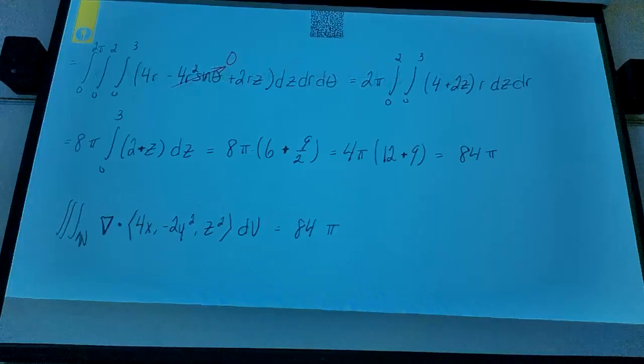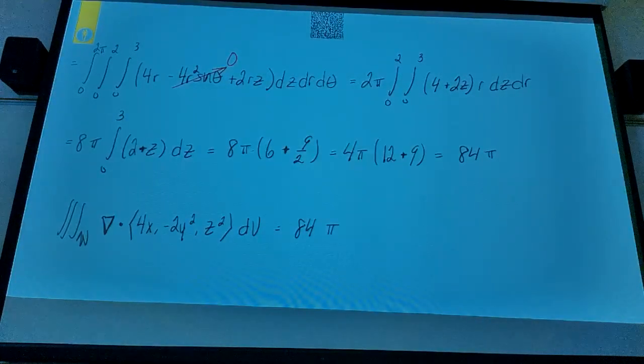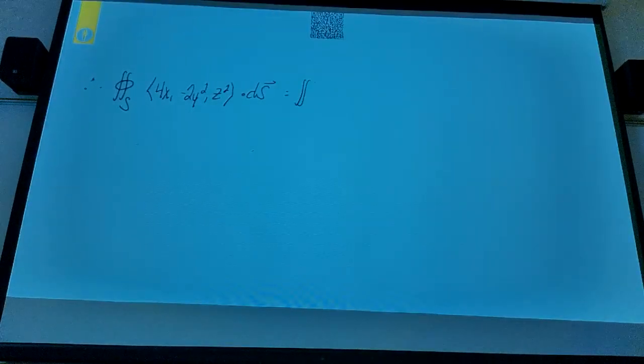Divergence theorem has now been verified. For verification, so let's just do a smiley.